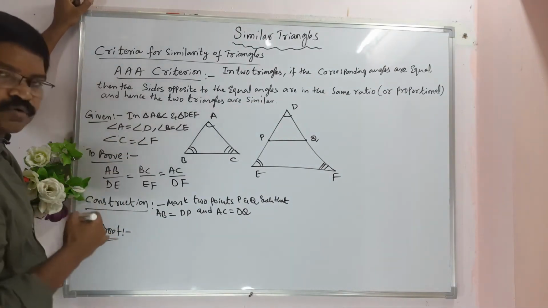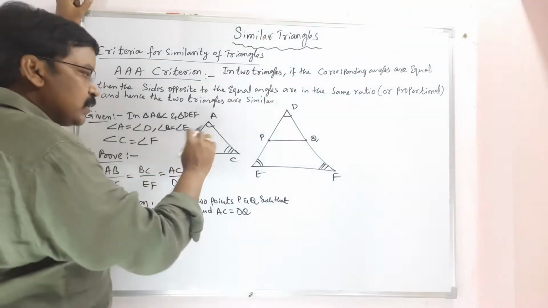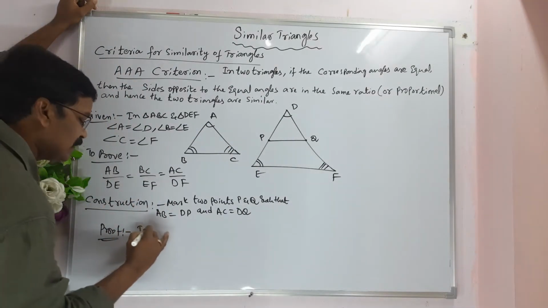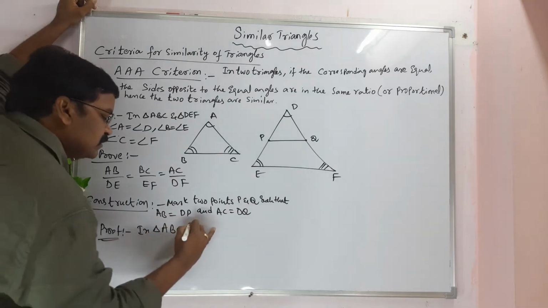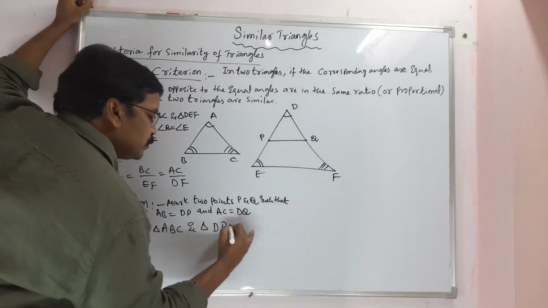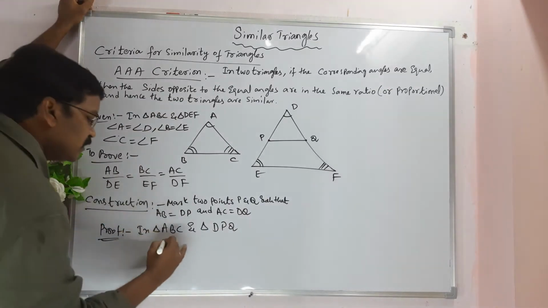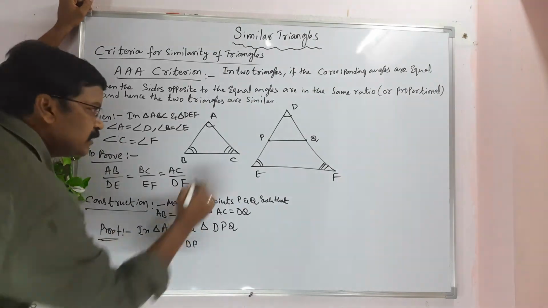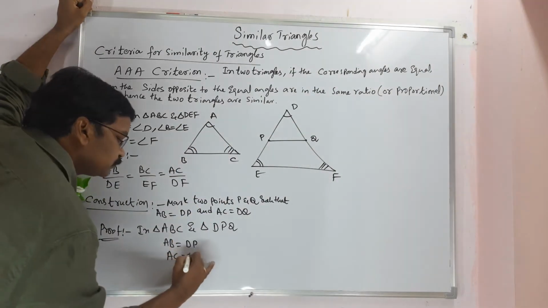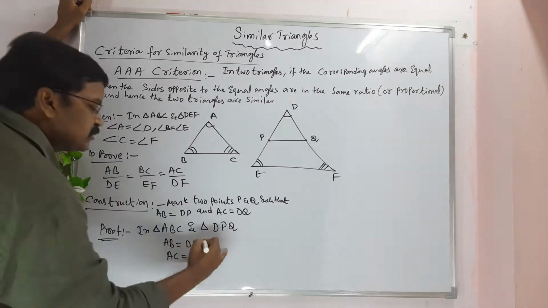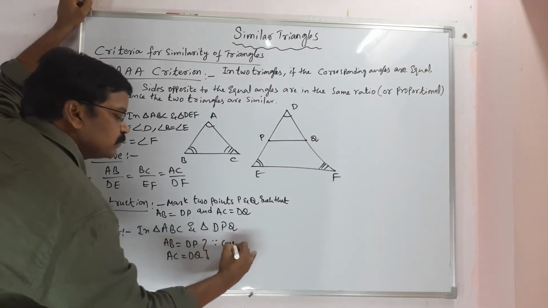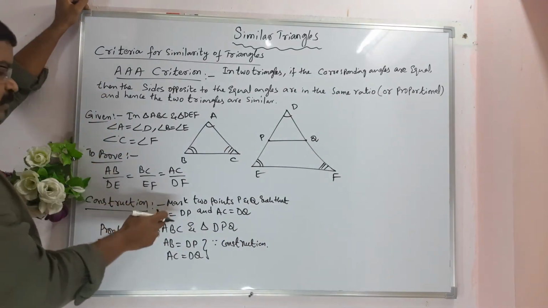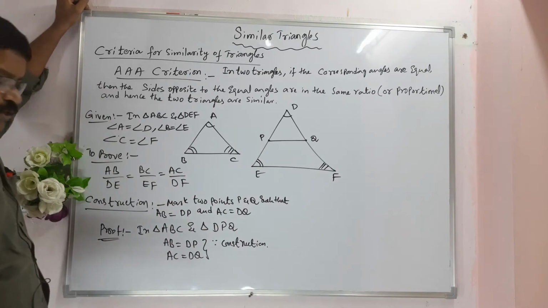Right. In the proof, let us make congruent the two triangles ABC and DPQ. So in triangle ABC and triangle DPQ, from the construction AB is equal to DP and AC is equal to DQ.